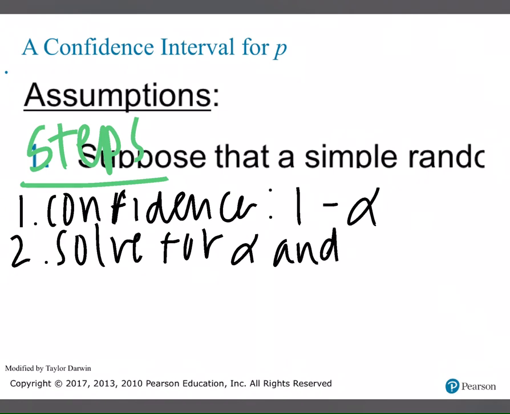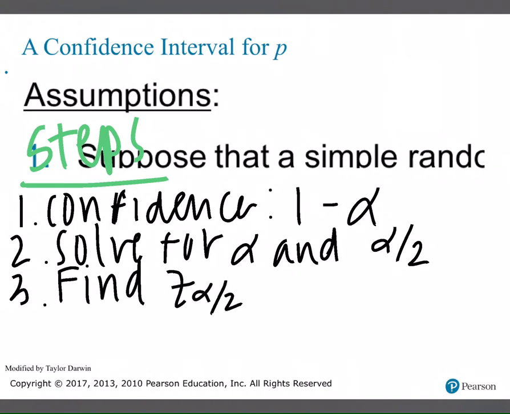And alpha divided by 2. Find the z-score for alpha divided by 2.